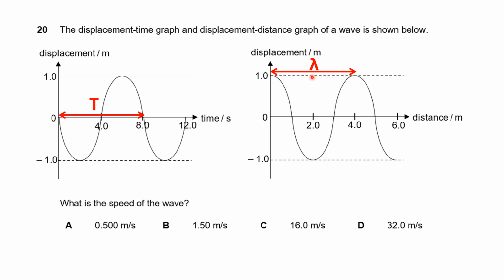So based on this, the wave frequency would be 1 over 8 of a hertz, or 0.125 hertz, because the frequency is given by 1 over the period. And using the equation that we just looked at earlier, v equals f lambda, 0.125 multiplied by 4 tells us that the speed of the wave is option A, 0.5 meters per second.